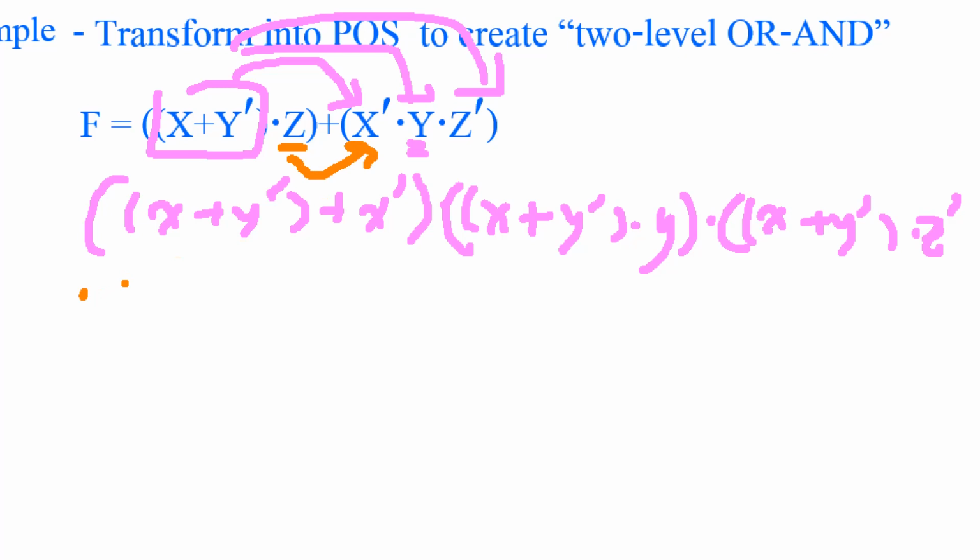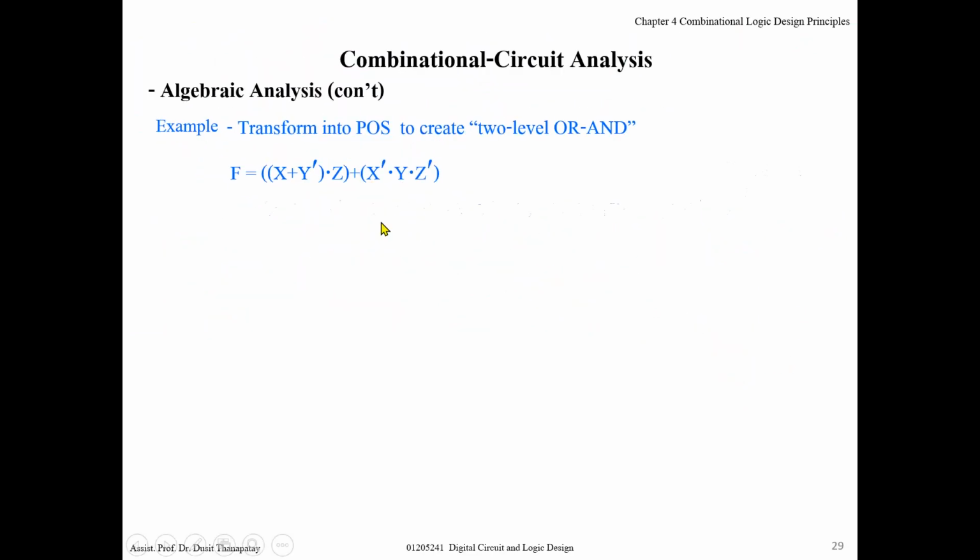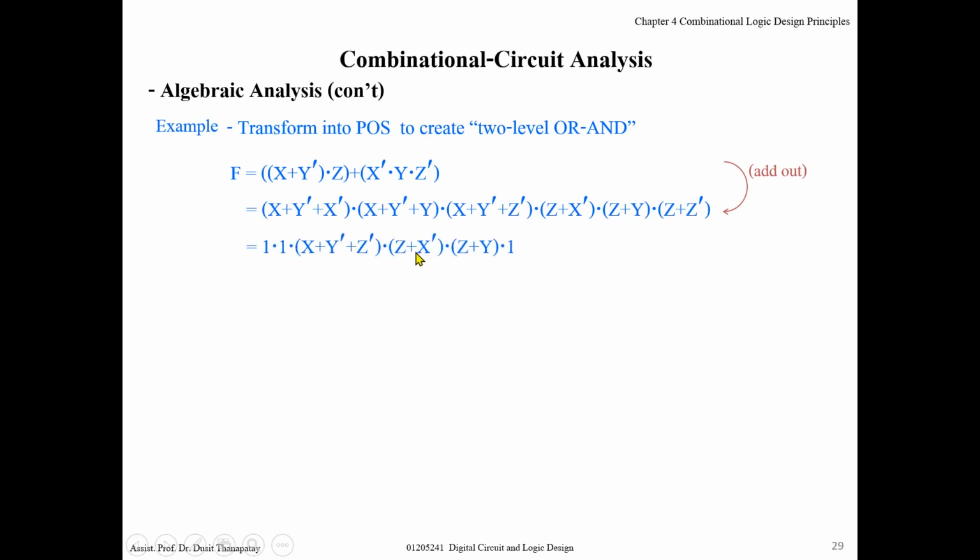Z and x prime, sorry, z or x prime, z or y, and Z or Z prime. Okay, for example. Okay, something like this.